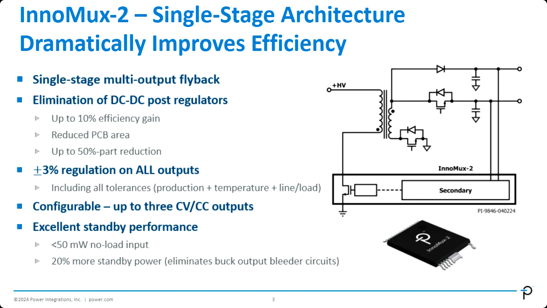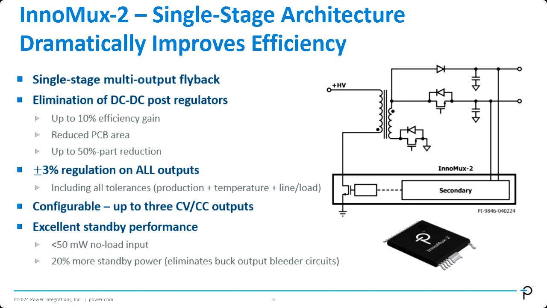So for example, if you use a buck circuit as the DC to DC post regulator, in order to regulate the output at, for example, no load, you'll probably have to add bleeder circuits. So the bleeder circuits for buck or the dummy load for the multi-winding flyback, all of these will add on constant power consumption, which makes it hard to design good standby performance with these solutions.